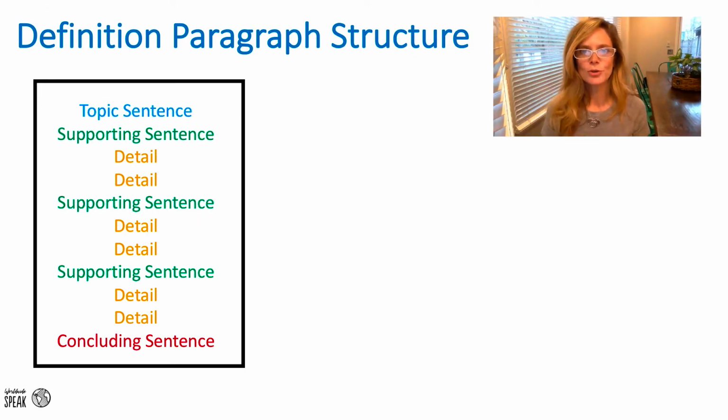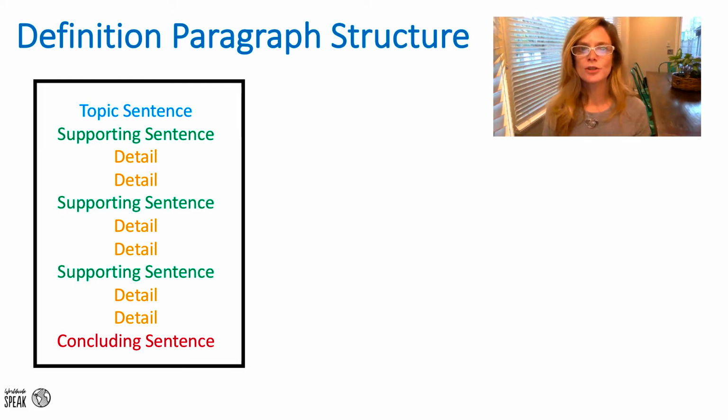Now I'd like to show you the basic structure of a definition paragraph. So this is, again, the basic structure. You can have more supporting sentences and more details, and sometimes people don't even have a concluding sentence. But when you start out, I'd really like you to understand just the basic structure of what you need to write.